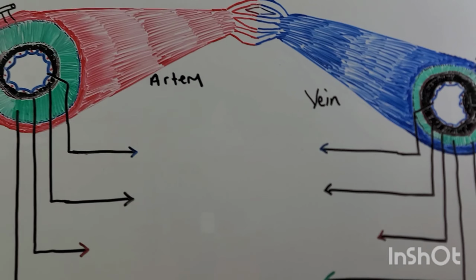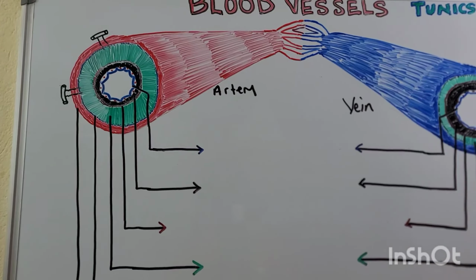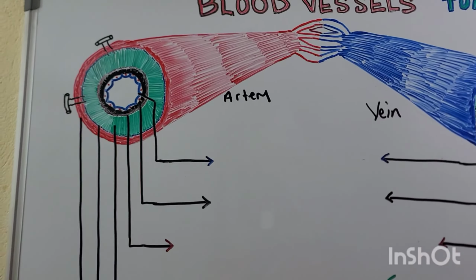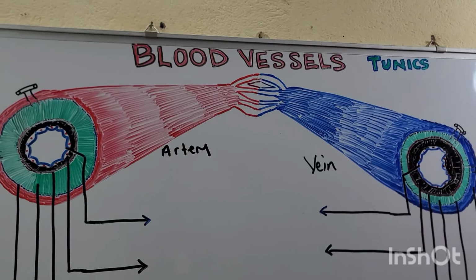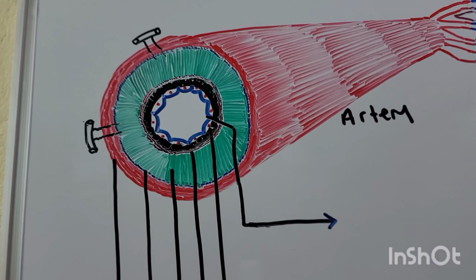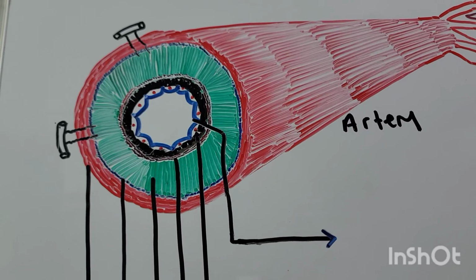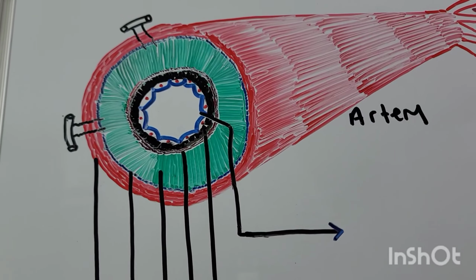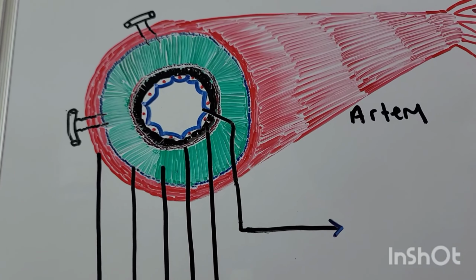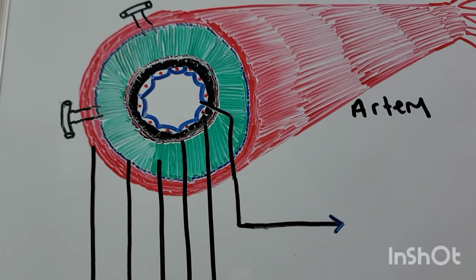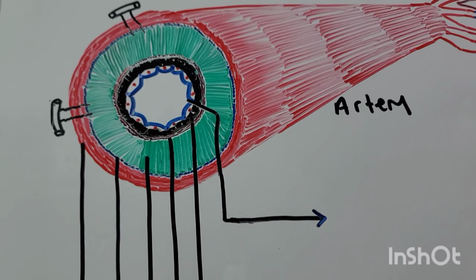Now, we want to take a look at the layers of the blood vessels. We have come out with this beautiful cross section. We have just cut this blood vessel, and we are looking at the internal arrangement of these layers. You're going to be labeling them from inside going outside.